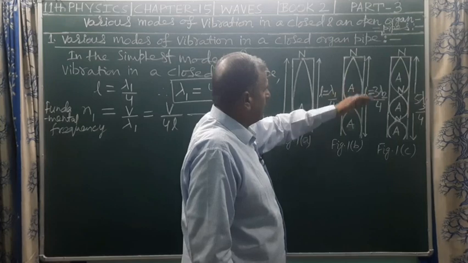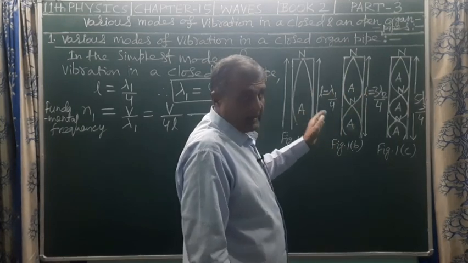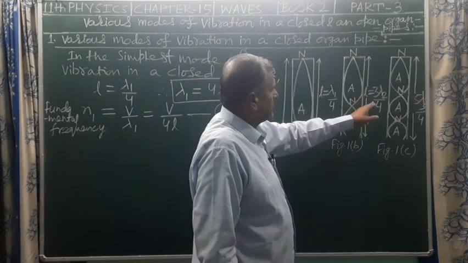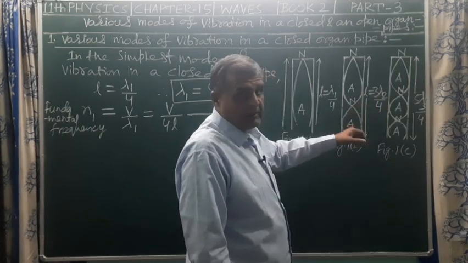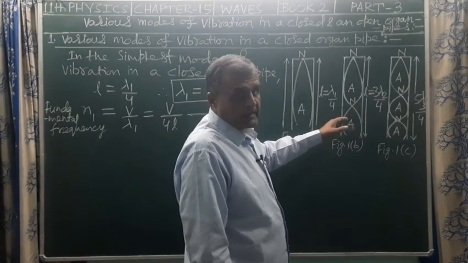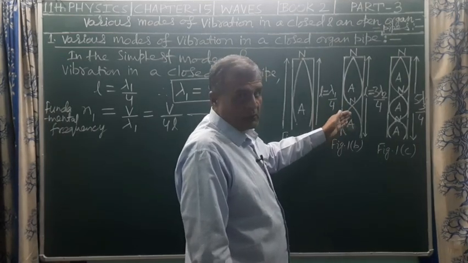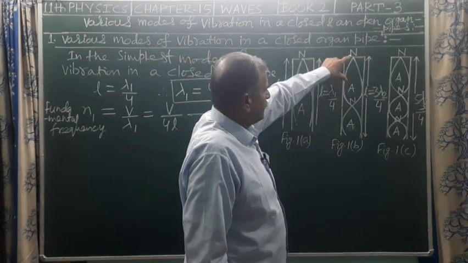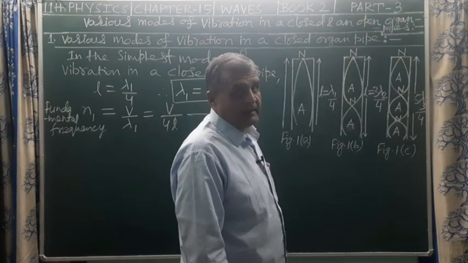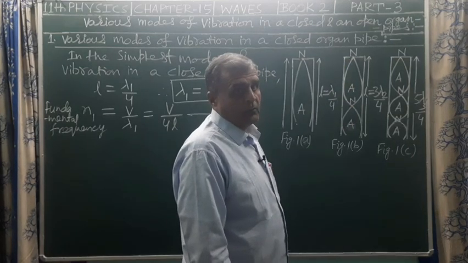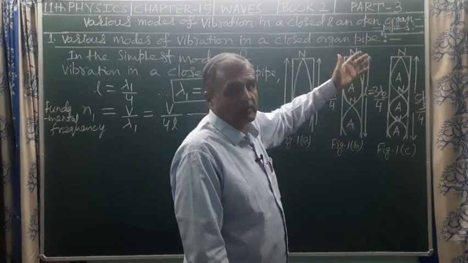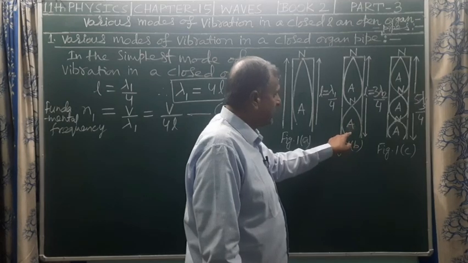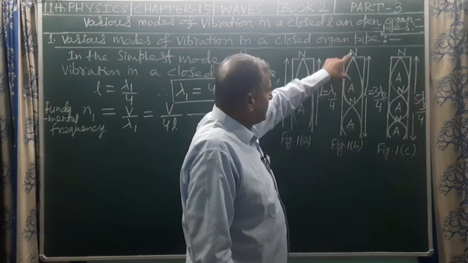Therefore, the length of the tube in the second mode of vibration is L equals 3 lambda 2 upon 4, where lambda 2 is the wavelength of the wave produced inside the tube in the second mode. The distance between two nodes is lambda by 2, so lambda by 2 can be written as 2 lambda by 4, and the distance between a node and an antinode is lambda by 4.